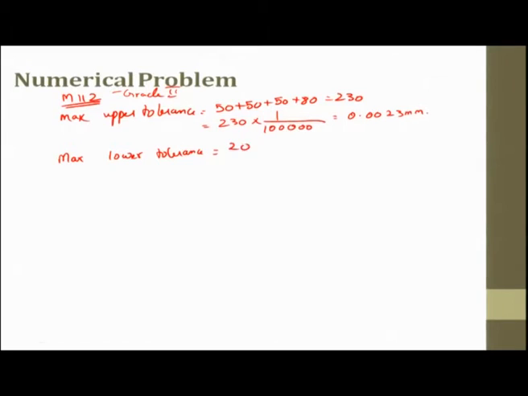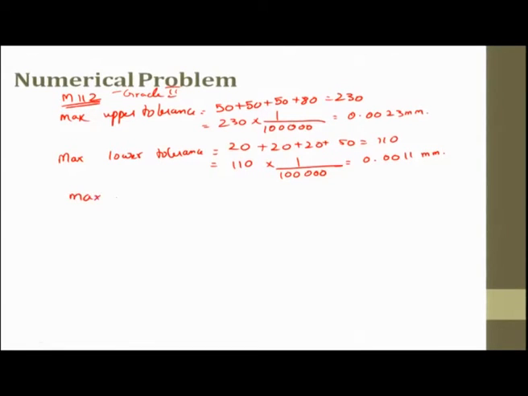So, the maximum lower tolerance will be 20 plus 20 plus 20 plus 50, which is 110. So, that is 110 into 1 by 100,000, which is 0.0011 millimeter.